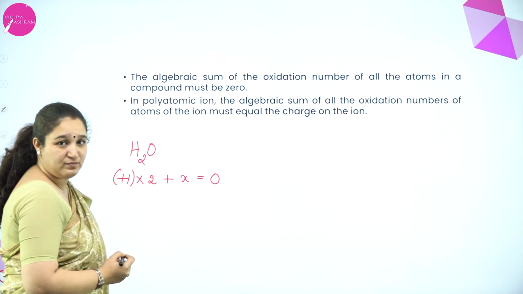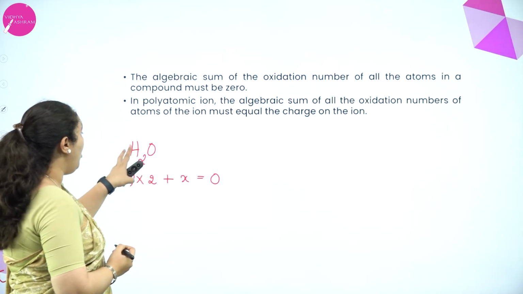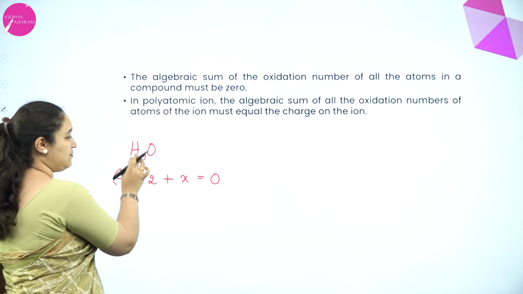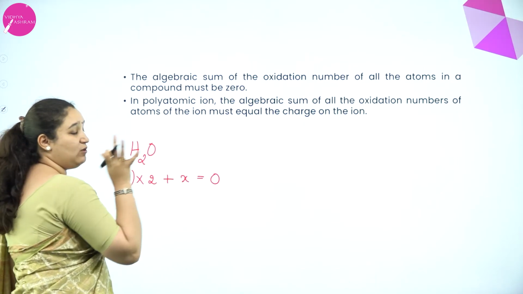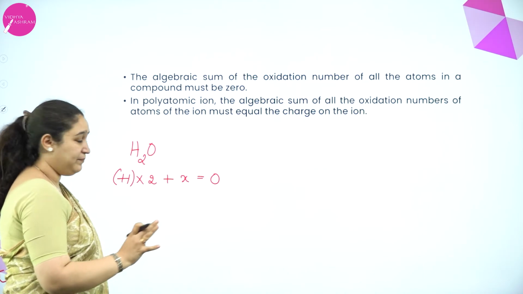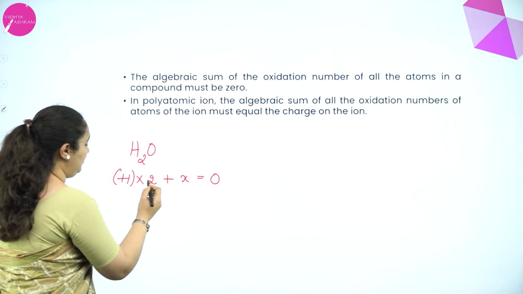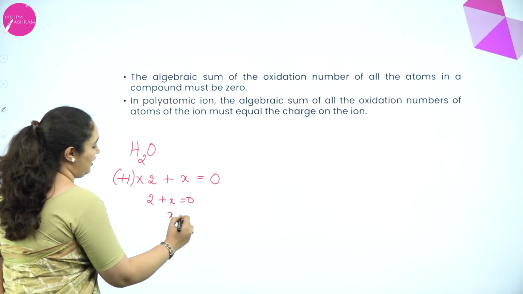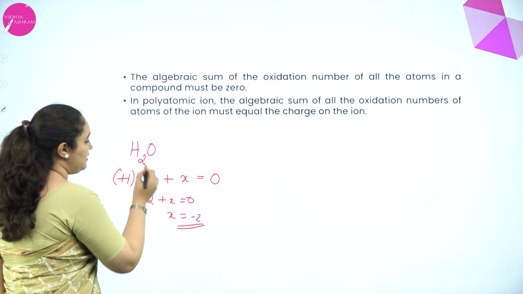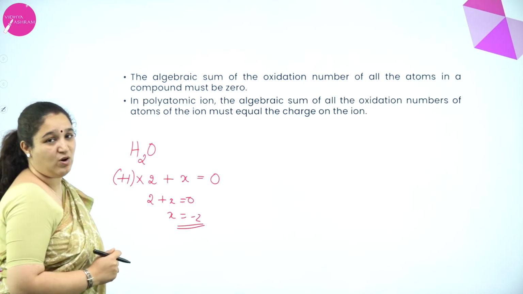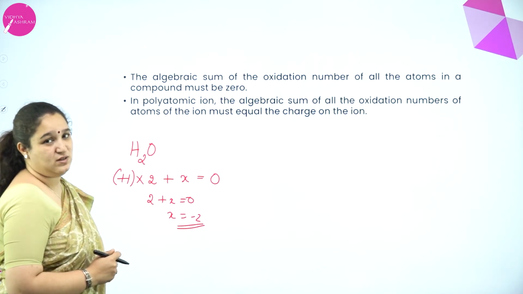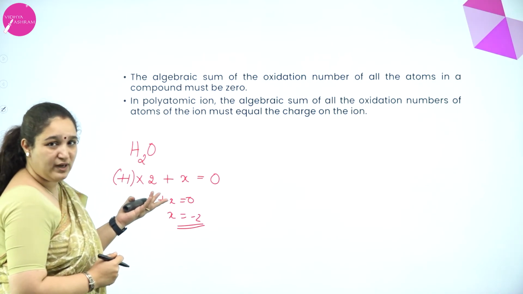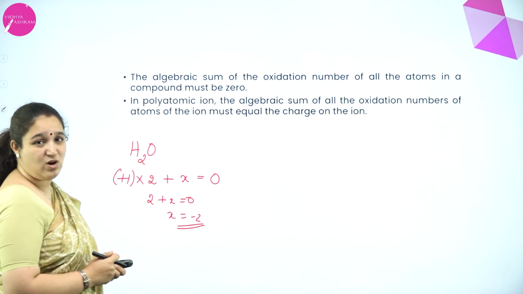The sum of all the oxidation numbers of all the atoms in this compound will be equal to 0. So, 2 plus X is equal to 0, X is equal to -2. This is the oxidation number of oxygen. If you add -2 and +2, it is 0, correct? This is how we calculate the oxidation number.